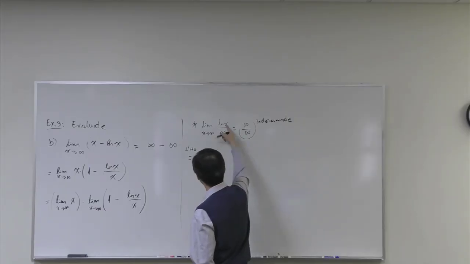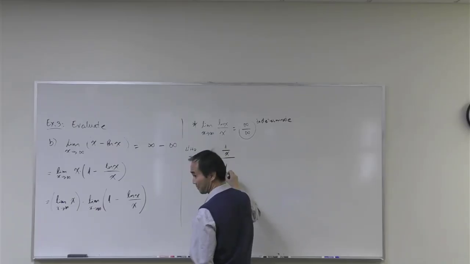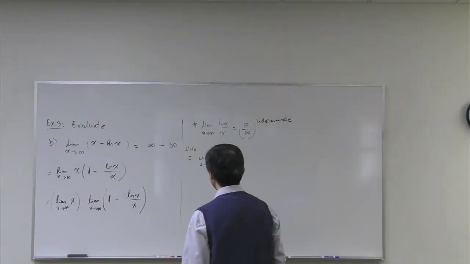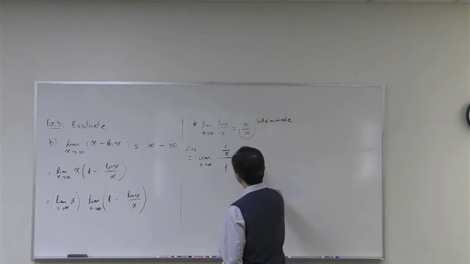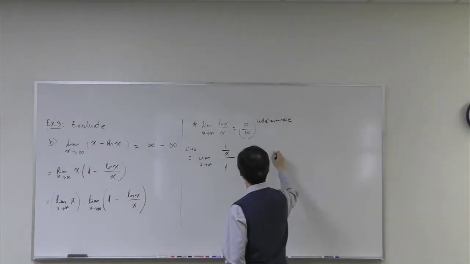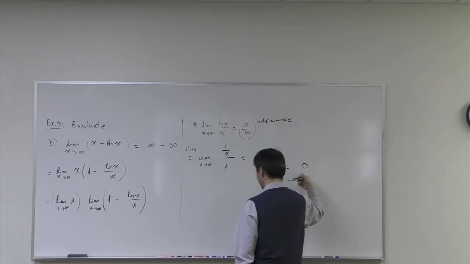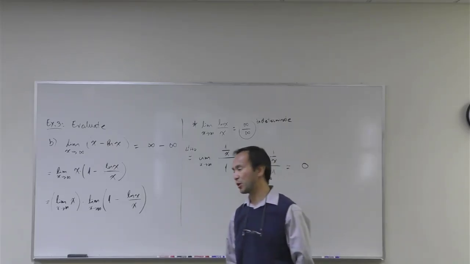The derivative of natural log of x gives me 1 over x, and the derivative of x gives me 1. So this limit comes out to be the limit of 1 over x as x goes to infinity, over the limit of 1. That's just 0 over 1, which is completely okay. A 0 over 1 is 0.